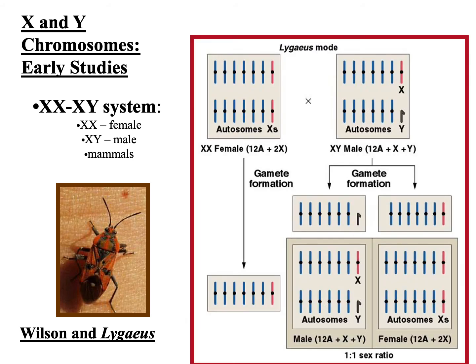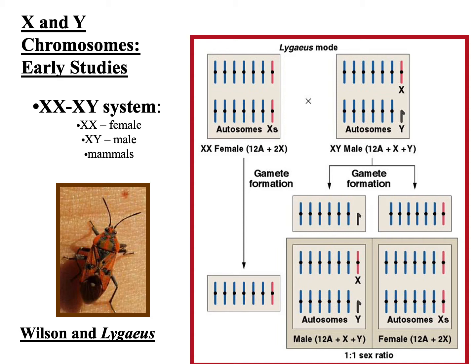So if we work through the same type of example we just talked about for grasshopper, we can look at 2 individuals that are mating in this example for Lygus. Females have 12 autosomes and 2 copies of X. Again, autosomes are in the blue color and sex chromosomes or X chromosomes are in the pinkish color.